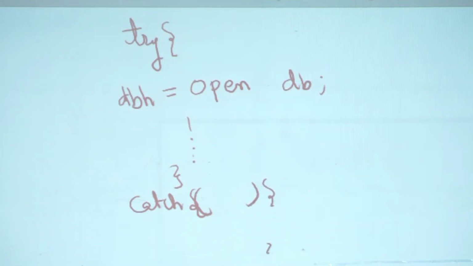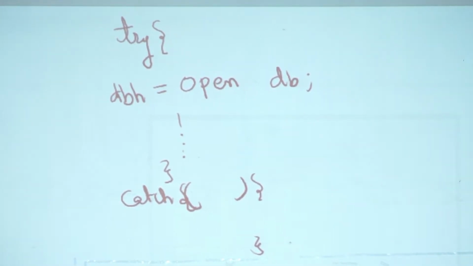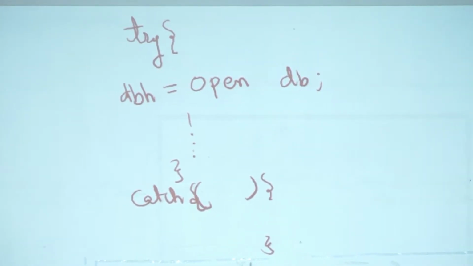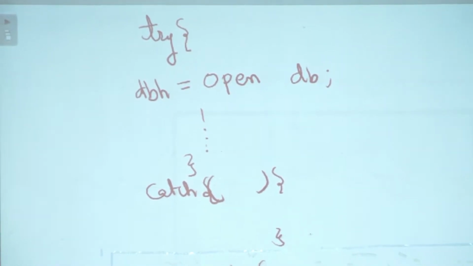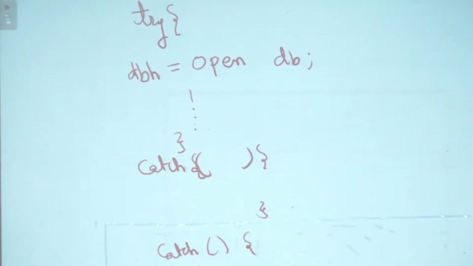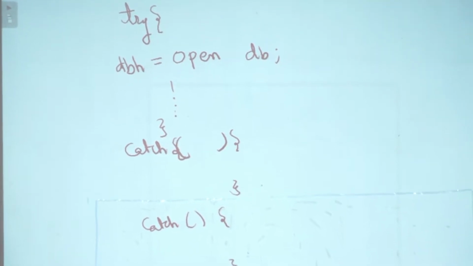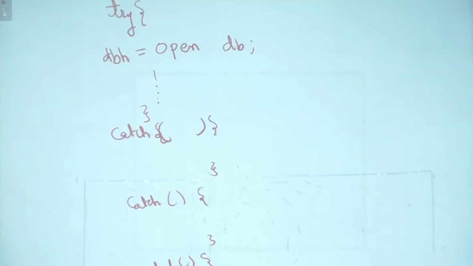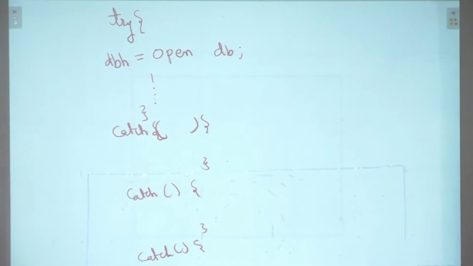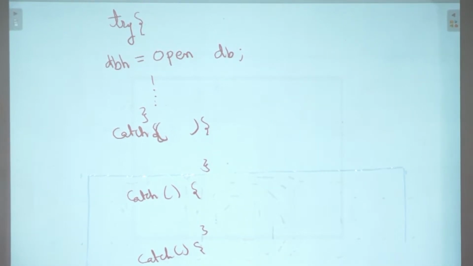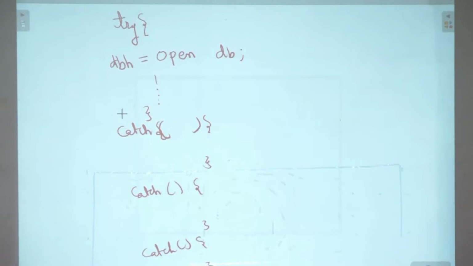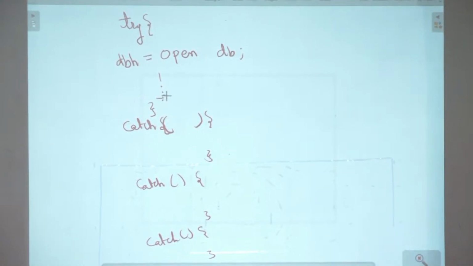I am not even getting into what kind of exception, some exception. Again another catch block and its exception, another catch block and its handler. So this is the story of the code. Technically this code is correct, but now I have put a line here, let's say, called close database connection, close DB.